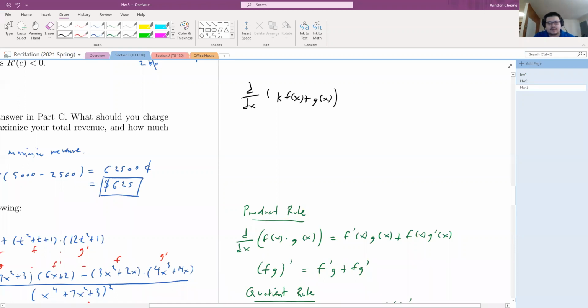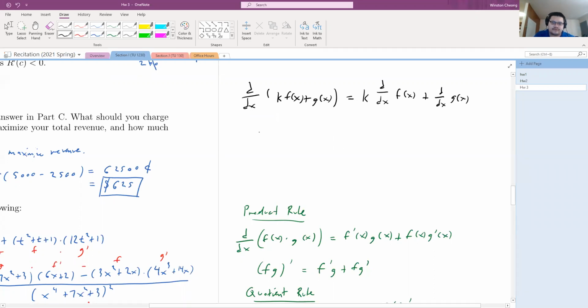Because the operation of taking a derivative is linear, just like taking a limit, you pull out the scalars and you can also split the operation over the addition and subtraction. So this expands out into something like this, d/dx of g of x.